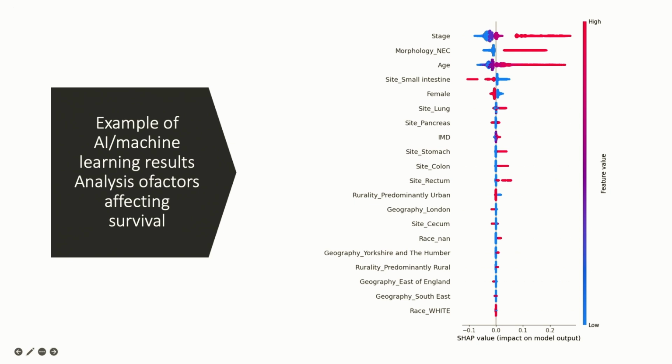So you can see that stage, morphology, and age have a high significance with survival in this plot. So these are really difficult things to understand, I think. There are probably people in the audience that understand Shapley plots, but they're quite new and quite difficult to understand, but you'll be seeing a lot more of these. So they're essentially correlations of certain factors with survival.